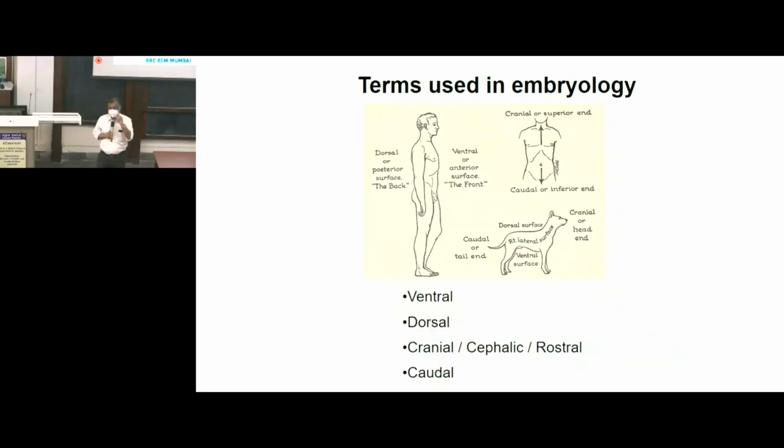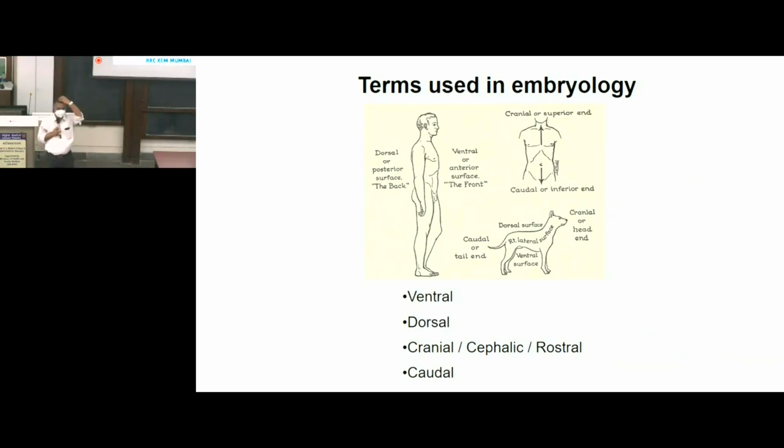Terms used in embryology. Now comes the confusion. The humans have evolved from lower animals, so the picture of the dog is there here. So front in gross anatomy is anterior, but front in embryology, because the embryo is bent, the fetus is bent. So ventral is towards the belly and dorsal is towards the back in embryology.